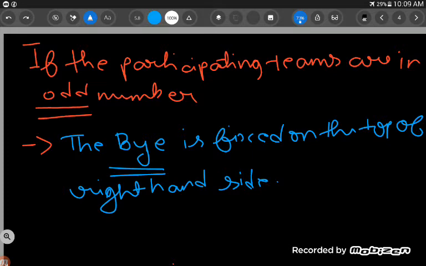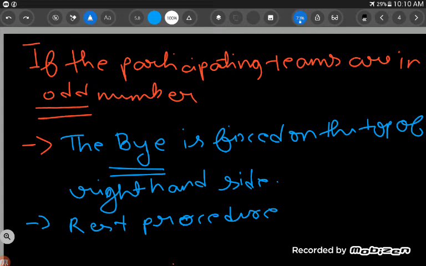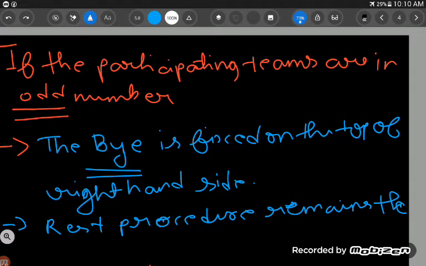The rest of the procedure remains the same.